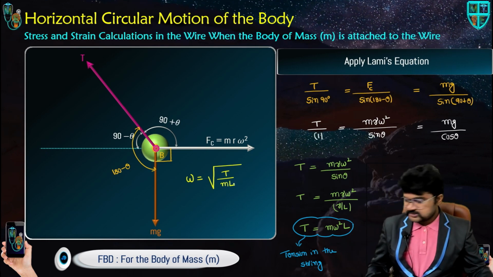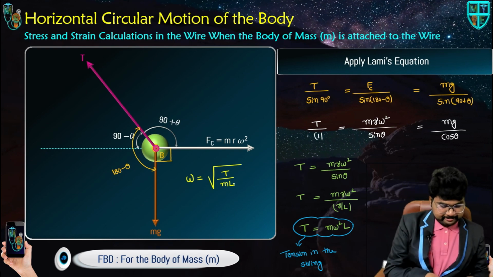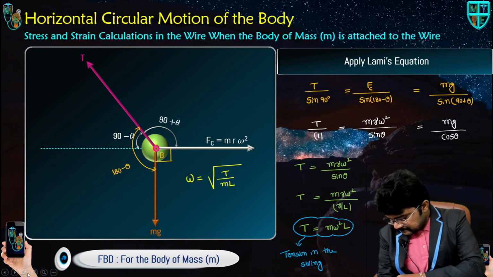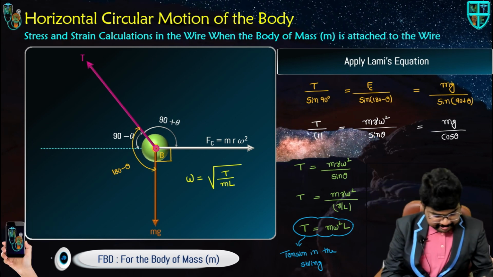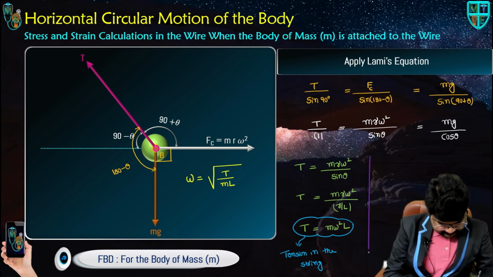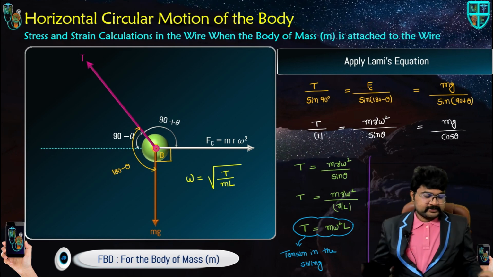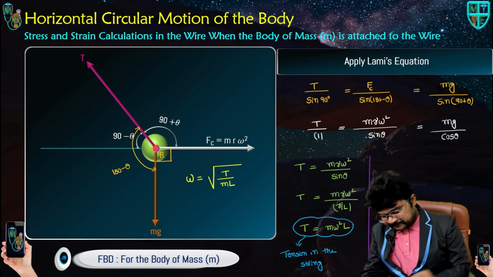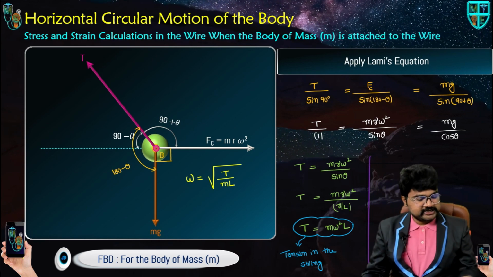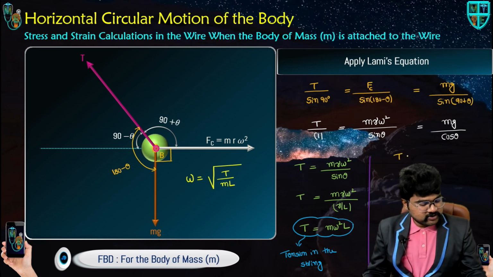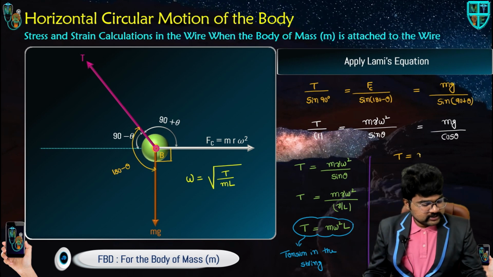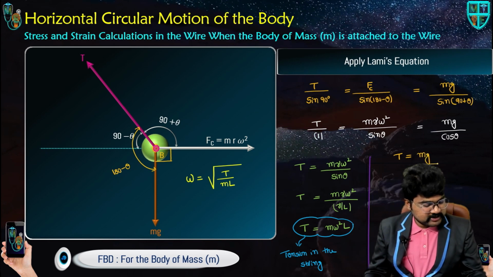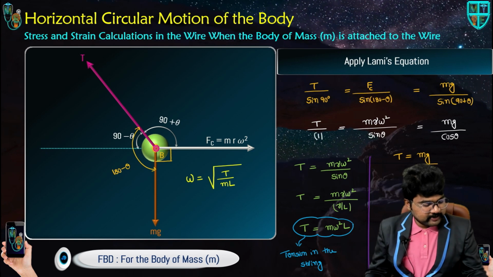So from here, you can write T equal to mg by cos theta.